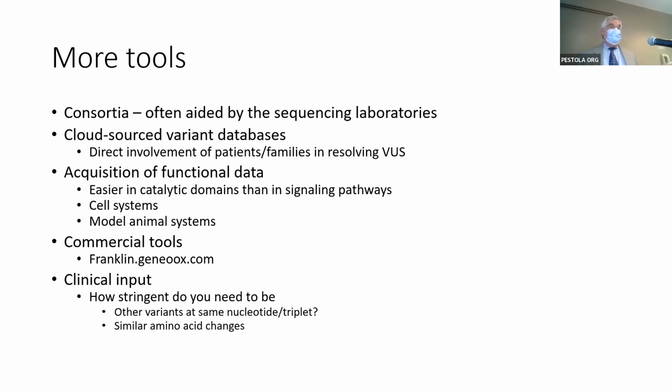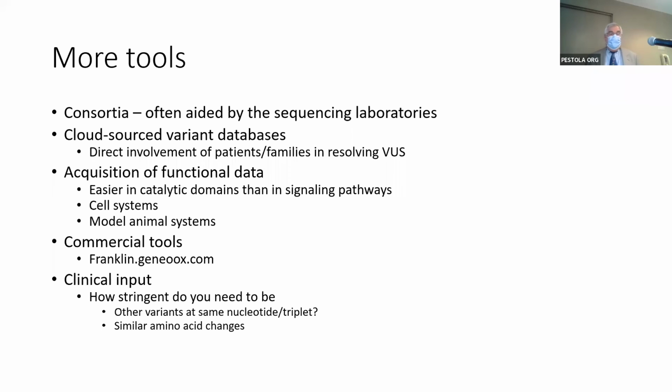So you can at least read the abstract right there, okay? It's not the only tool out there. If you like playing on the federal sites, you can use ClinVar, and you can get a lot of the same things out of that. Then you've got to put the clinical input. How stringent do you need to be?